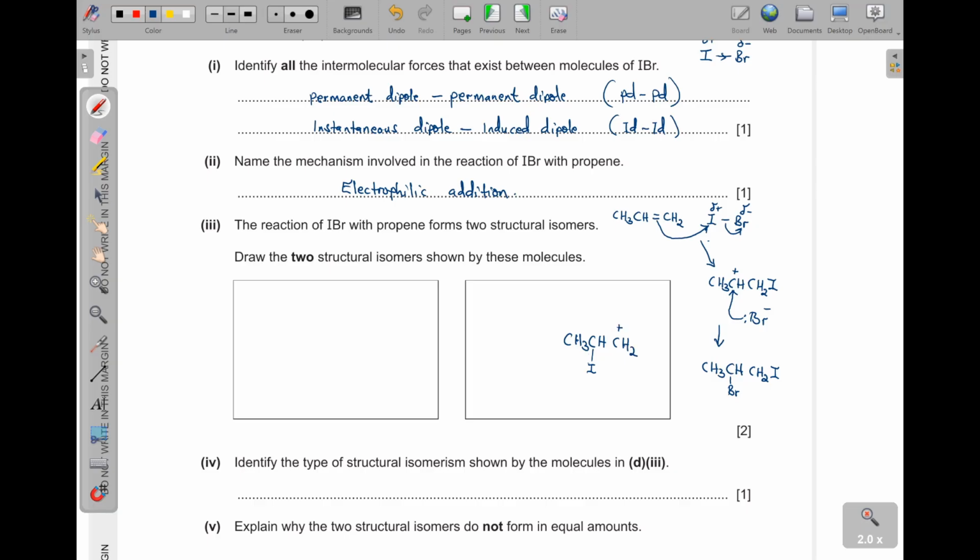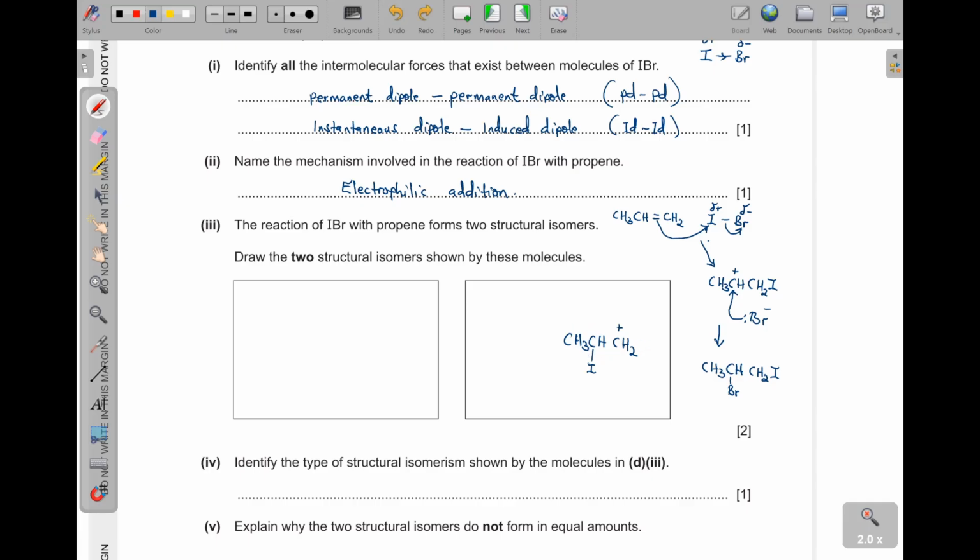Now this one will be the plus. Now this is one alkyl group here, okay. So then when bromine comes, it will be here. So you see that one gives us a product which is coming from a primary carbocation. You see that? So those are the two structural isomers which we can get from there.